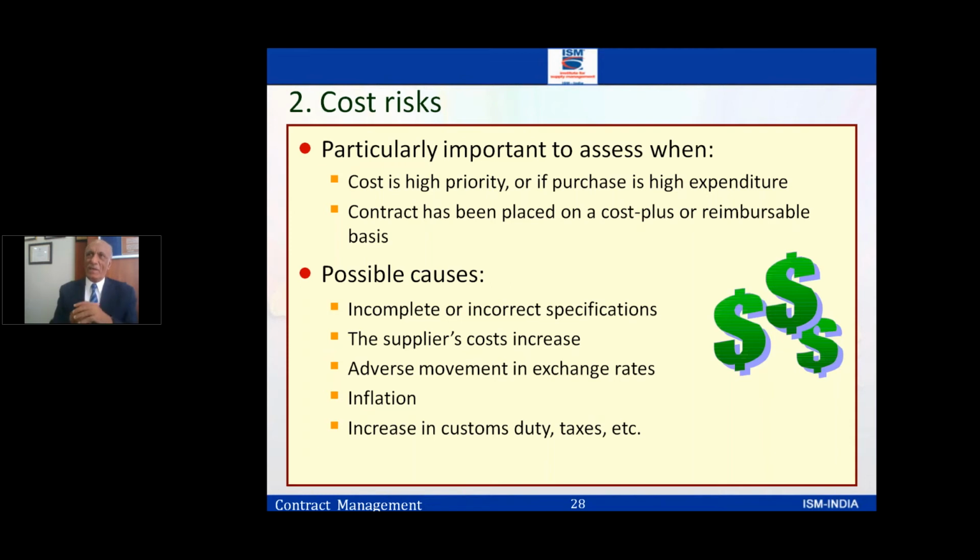Yes, they have an engineering drawing. But those who do not have this and are buying on generic dimensions or generic performance-based specs, sometimes the specifications are not very clear. So there could be a communication gap, an understanding gap between the buyer and the seller. Supplier cost increases, adverse movement in the exchange rates, inflation could happen in a big way, increase in custom duties, taxes, all these could affect the cost part.